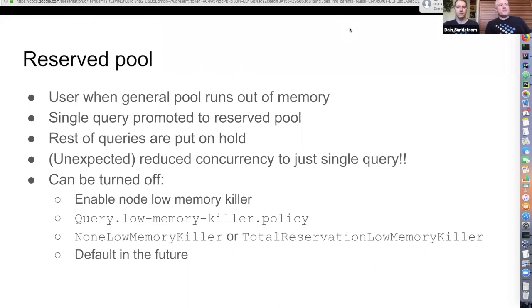But typically the queries that are big enough to hit the resource limit end up being weirdly skewed. So you end up with a query in the reserve pool that is not using a lot of CPU and takes a really long time, because skewed queries almost always take a long time. You're in a single-threaded mode, not using your resources for a long time, and the users get really mad because they see the system not being utilized and they're waiting in a really long line.